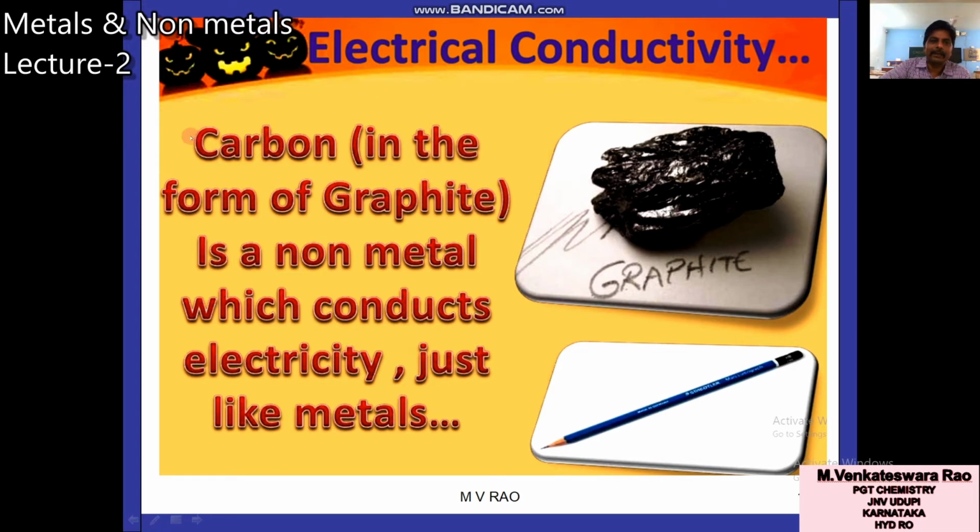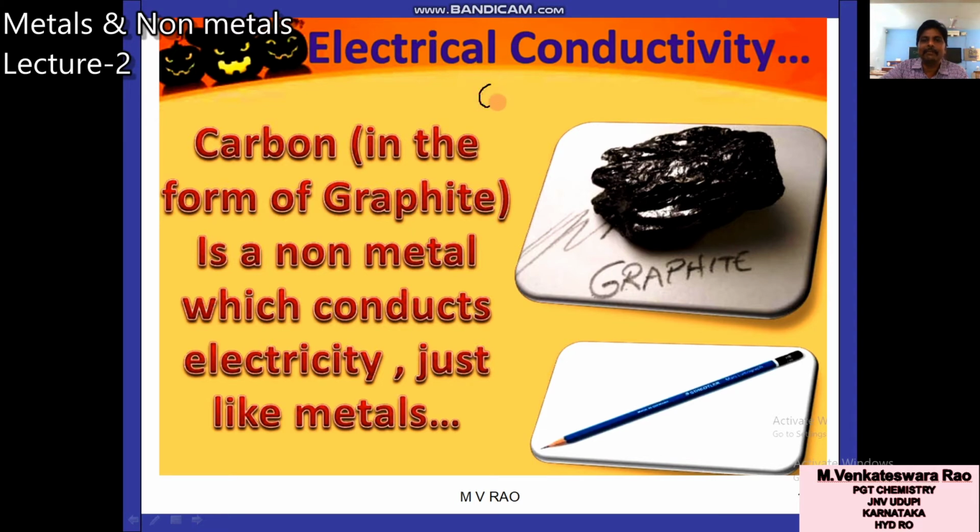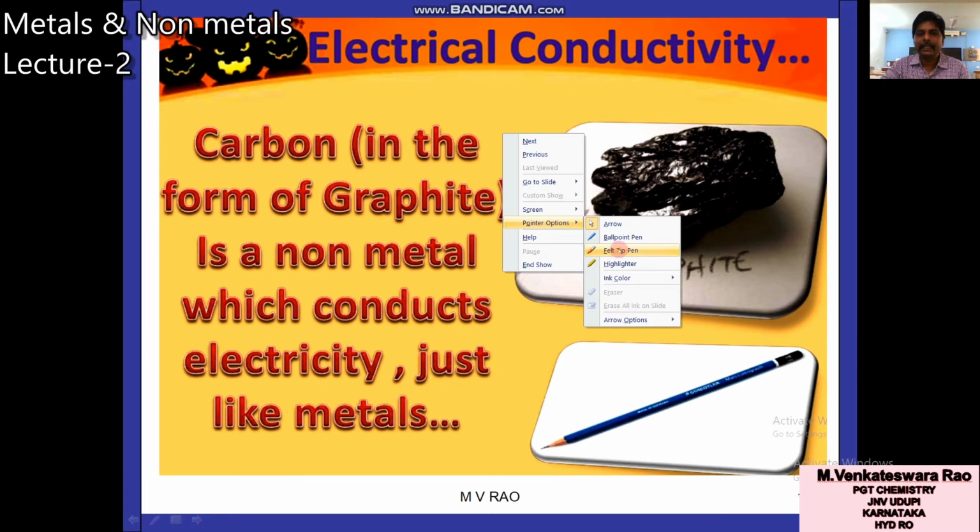The same element, carbon, is available in nature in different physical forms. That phenomenon is called allotropy: the existence of the same element in different physical forms. For example, carbon exhibits allotropy.